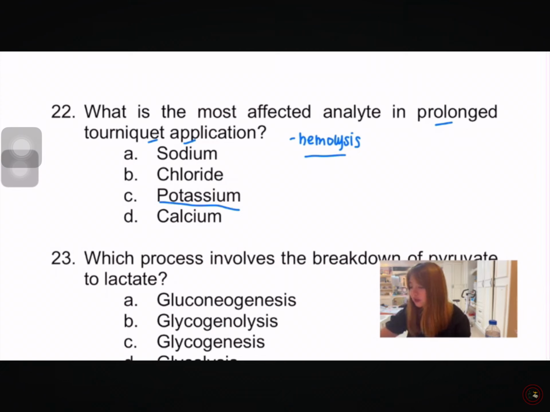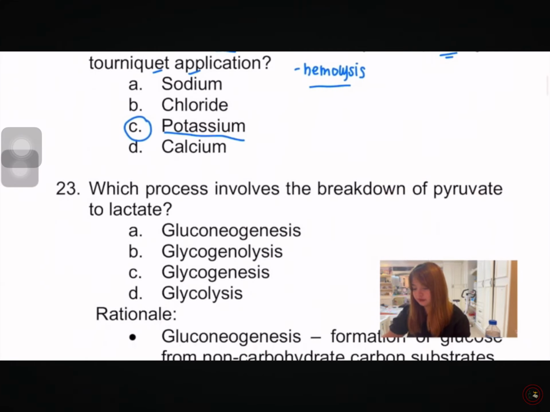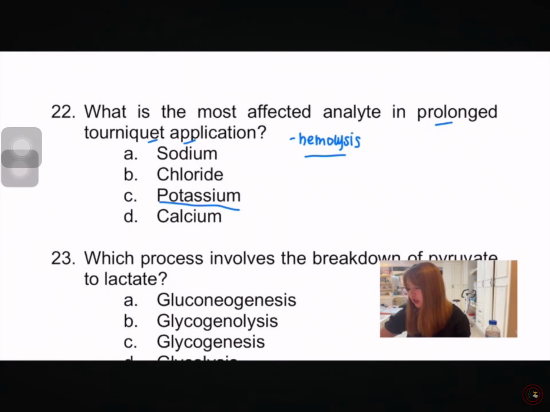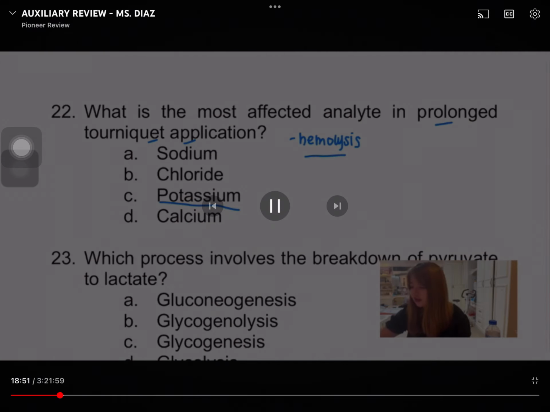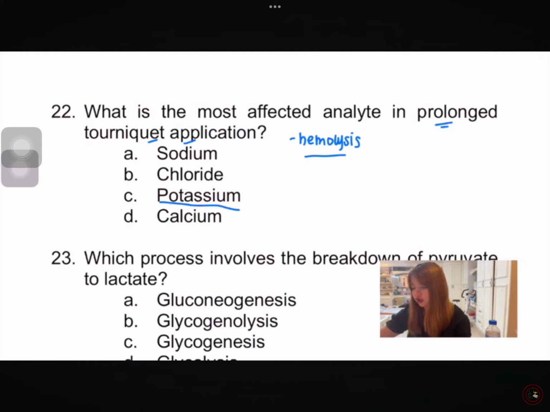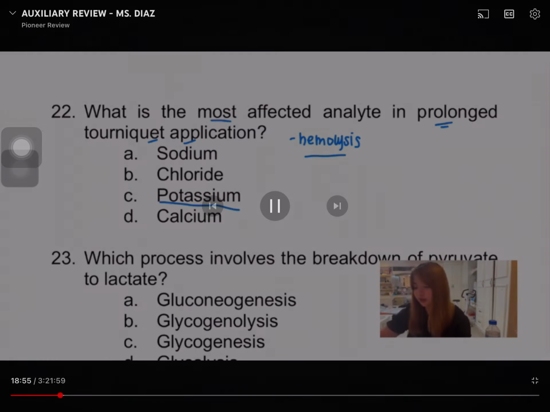So, kapag nagkaroon ng prolonged tourniquet application, yung most affected analyte is potassium.